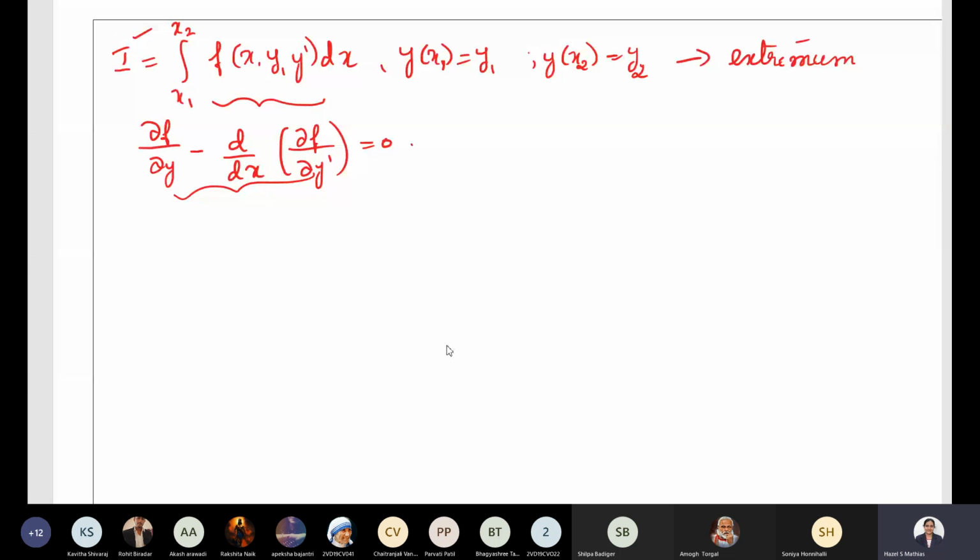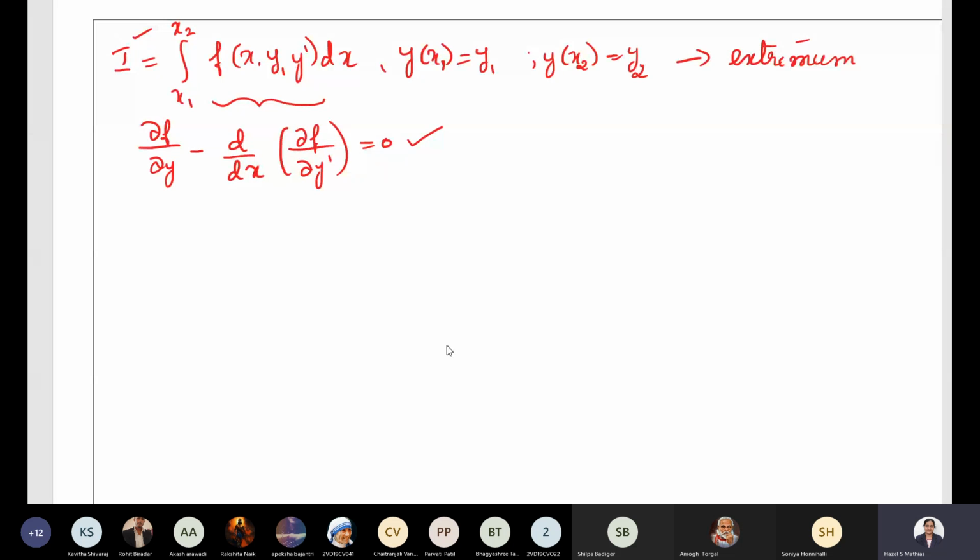This is the necessary condition for the functional to achieve extremum. So suppose someone asks you how to check whether the functional achieves an extremum, this is the must condition. You need to check this one. If this satisfies, then you can say that the functional attains its extremum.